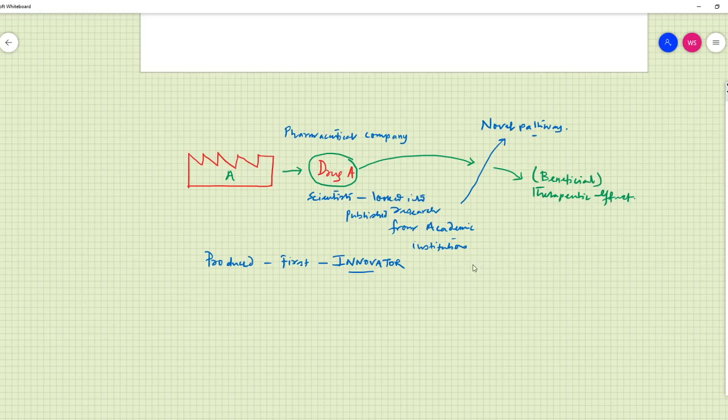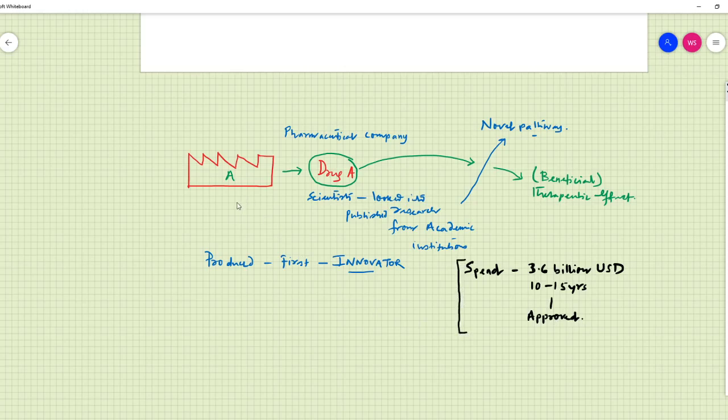They spend about $3.6 billion US dollars, and they take about 10 to 15 years to get this drug approved. Okay.